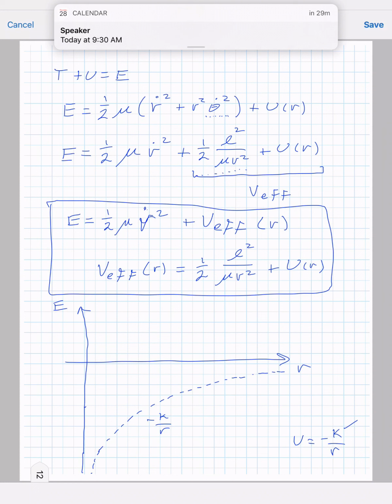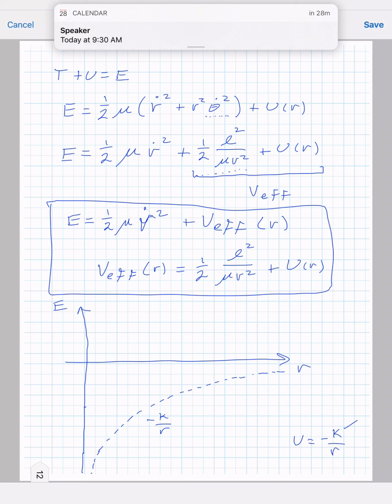But let's look at this other term here. Well, this term, first of all, u of r is negative, and that has to do with the fact that it's an attractive potential. So this new term that came from the conservation of angular momentum, that's like an effective repulsive term. So let's actually draw that. And so that's going to be another dashed line coming up.